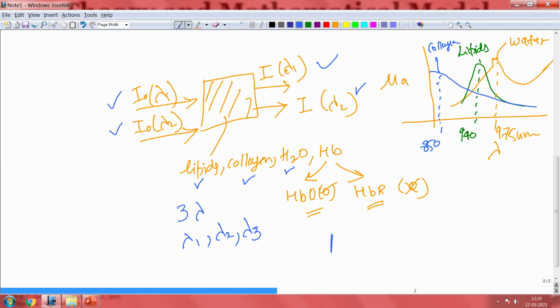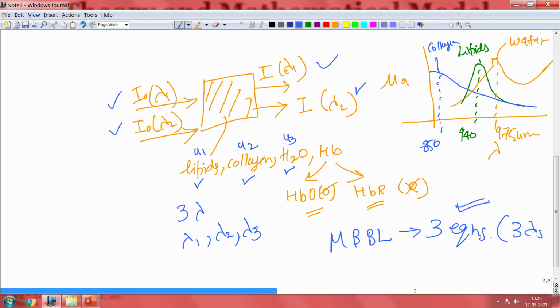From the modified Beer-Lambert law I will get 3 equations. So, I have 3 unknowns: unknown 1, unknown 2, unknown 3, and I have 3 equations because of 3 different wavelengths.